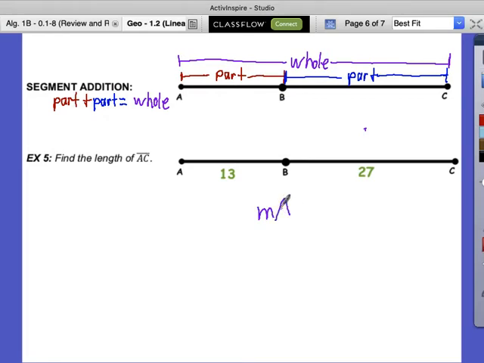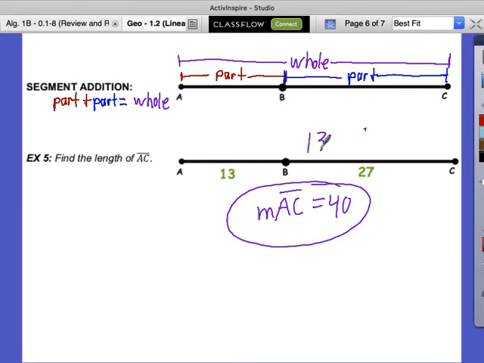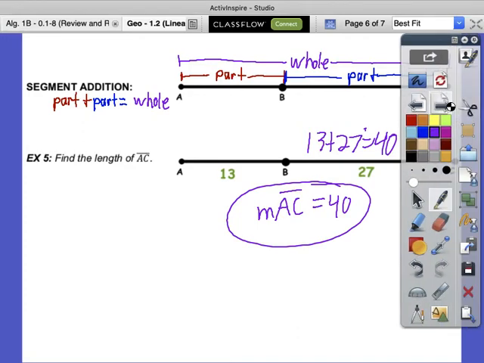It would be 40. You added those two together. It would be 40 because 13 plus 27 is equal to 40. Now we weren't told a unit here like 40 inches or something like that, so we just call it 40. Okay. Questions on that? No. You guys are doing great.